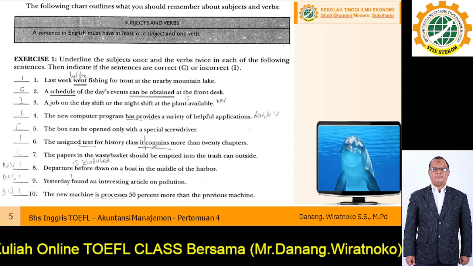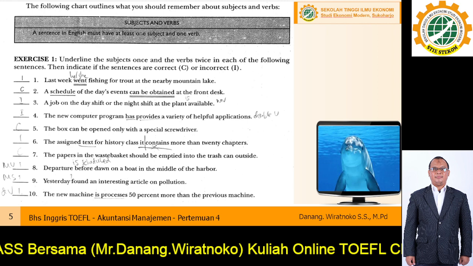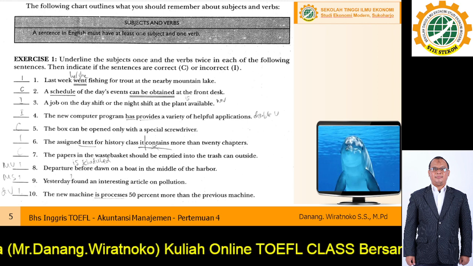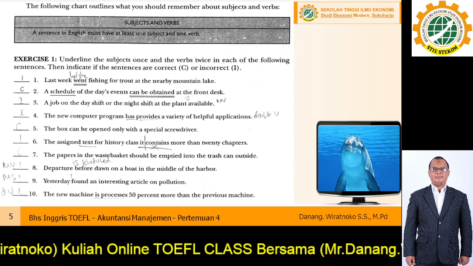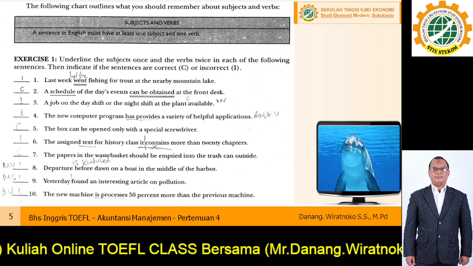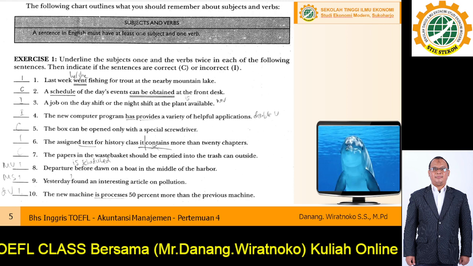Underline the subject once and the verb twice in each of the following sentences. Okay, then indicate if the sentence is correct, put C, or incorrect, put I. Okay, so here basically you can see I have made a scribble in the book.